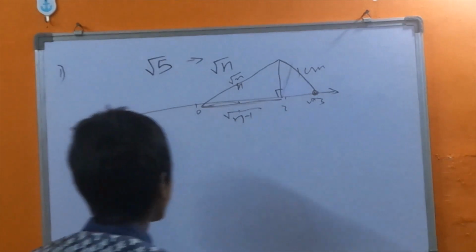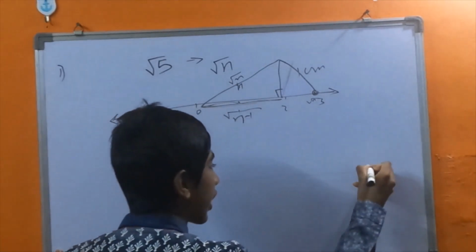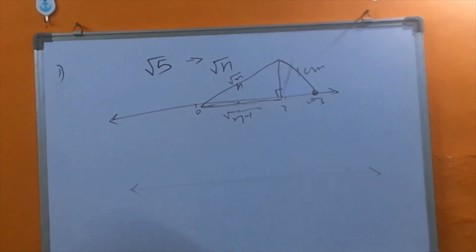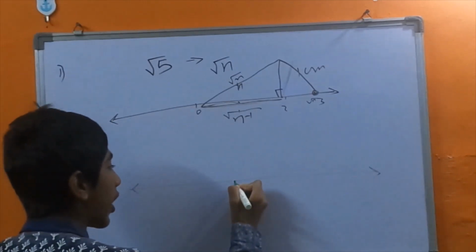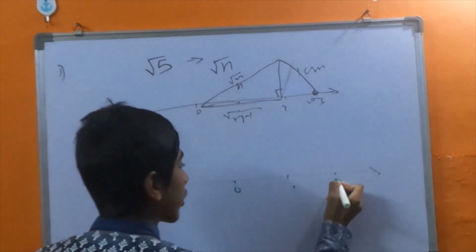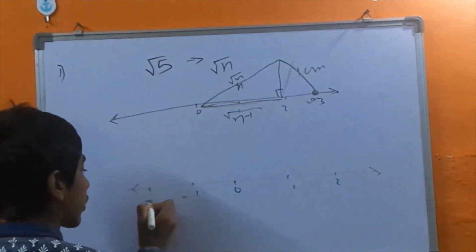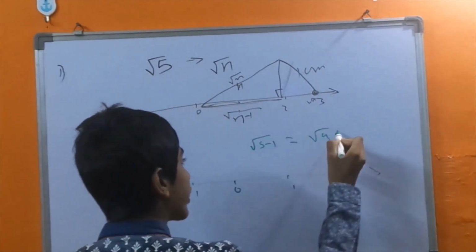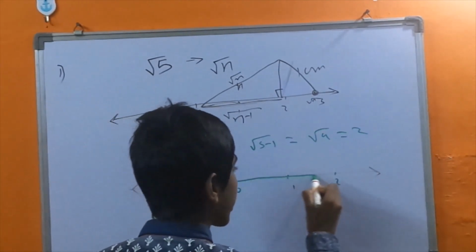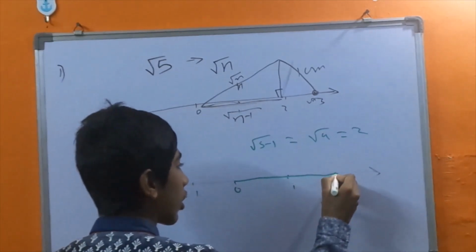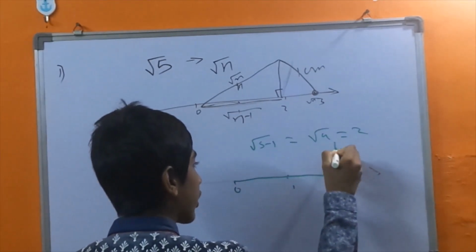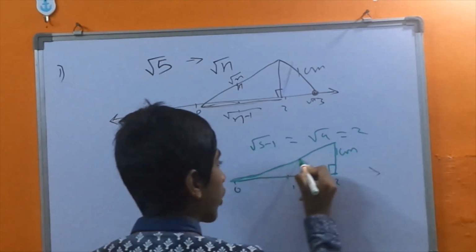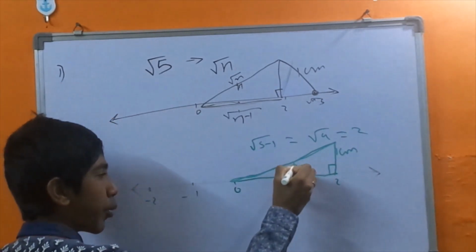First, we will draw a number line and mark its point. So, root of 5 minus 1 is root of 4, which is 2. So, we will get 2 centimeters here, and draw a perpendicular of 1 centimeter and join the vertices, and this is the hypotenuse.